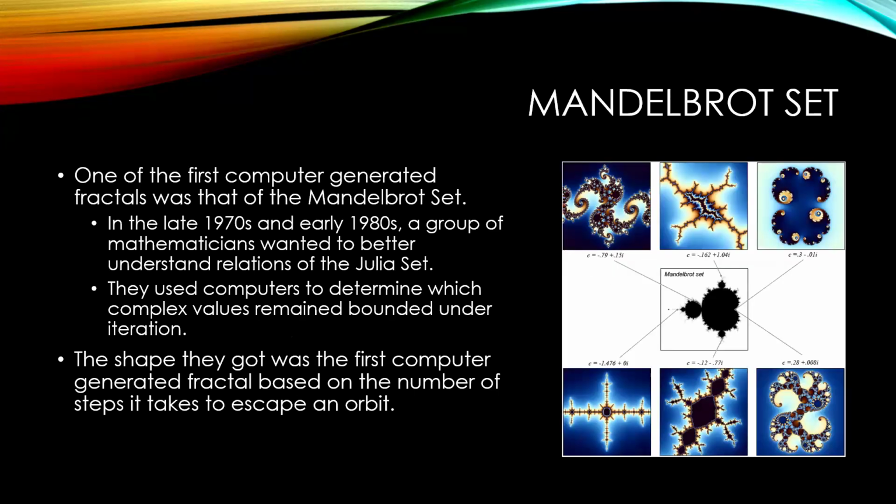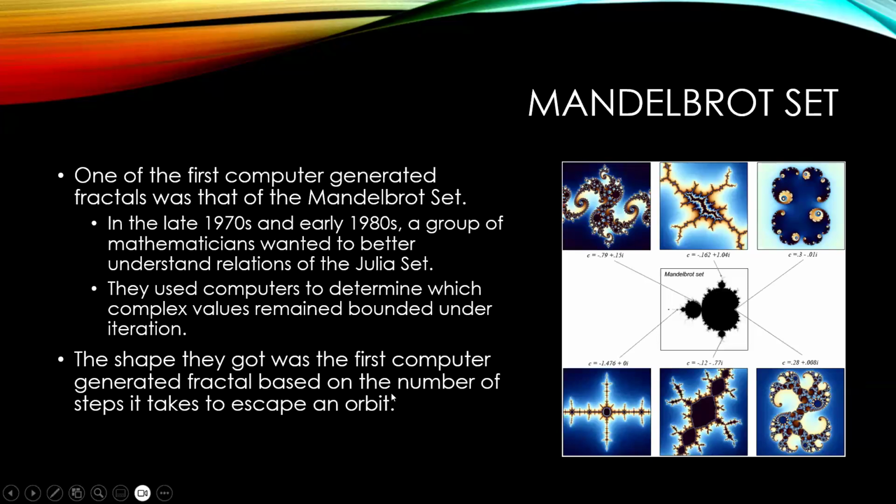And that's where the Mandelbrot set comes in. One of the first computer-generated fractals was that of the Mandelbrot set. In the late 1970s and early 1980s, a group of mathematicians wanted to better understand relations of the Julia set. They used computers to determine which complex values remained bounded under iteration.